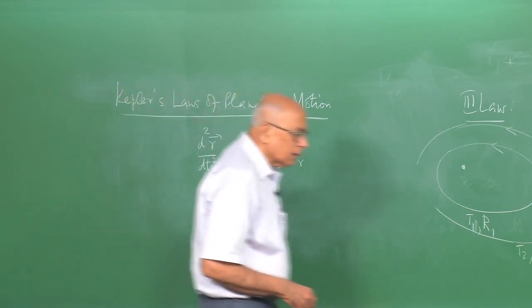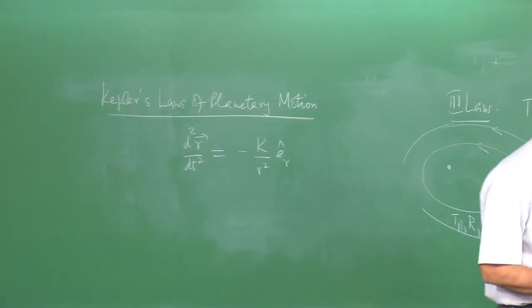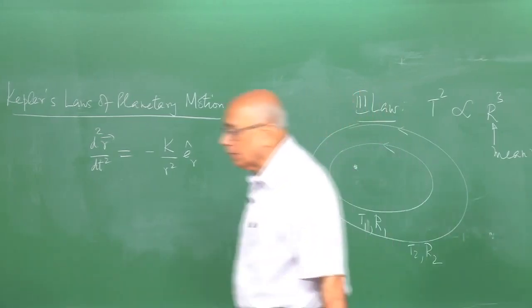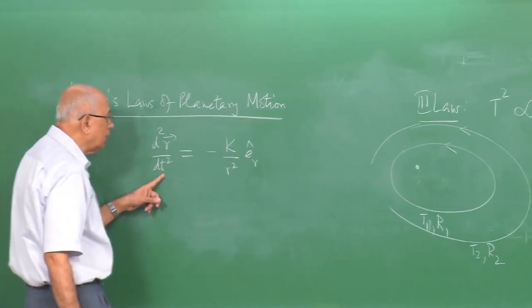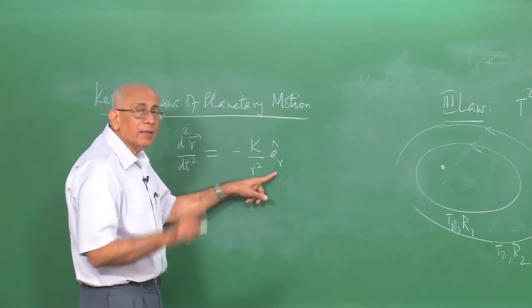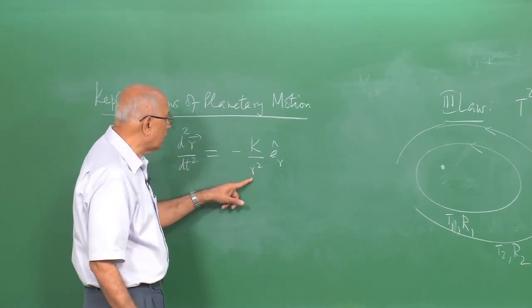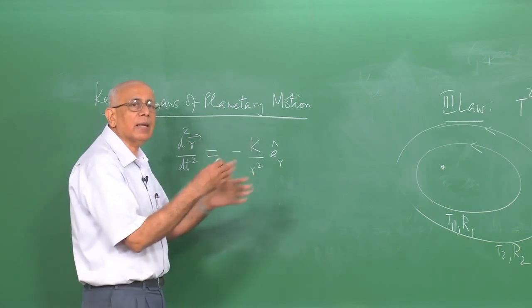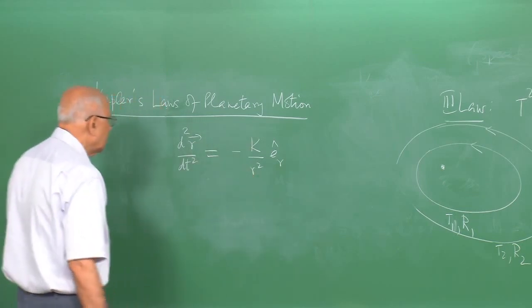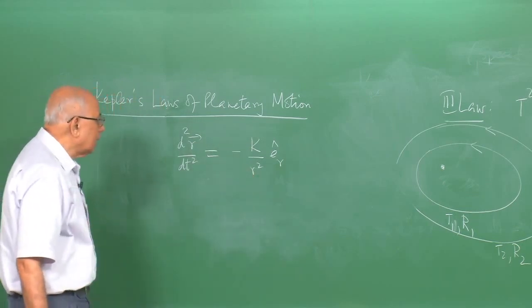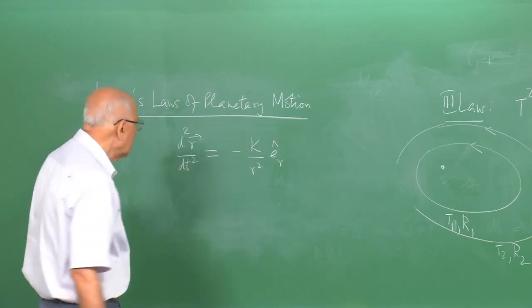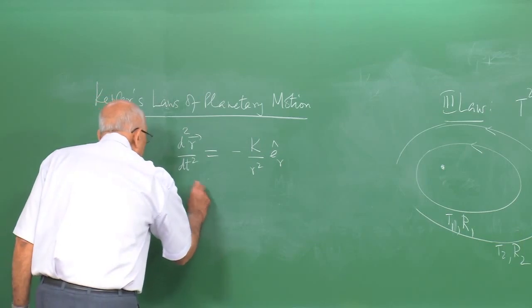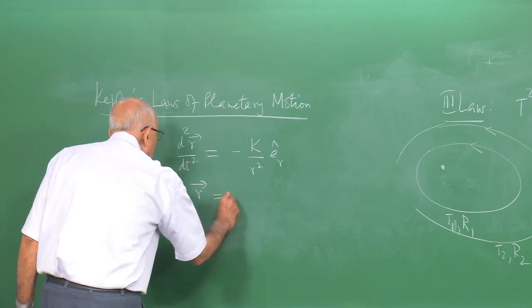Now I stare at this and I say, well, the physical dimensions of these constants are important. This has dimensions length, this has dimensions time, this is a unit vector, it has no dimensions at all, this is 1 over length squared, and this takes care of the balance of dimensions. Now I come along and say that let me change the length scale in the problem by going from r to some r prime.